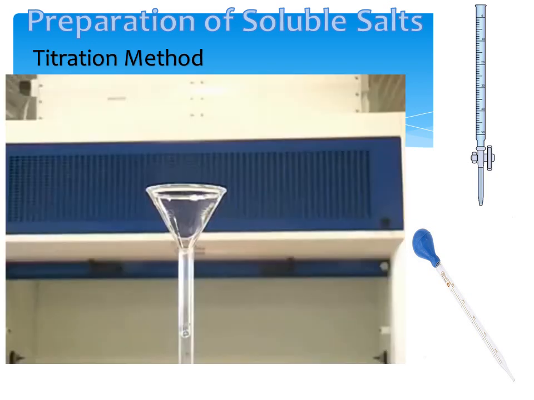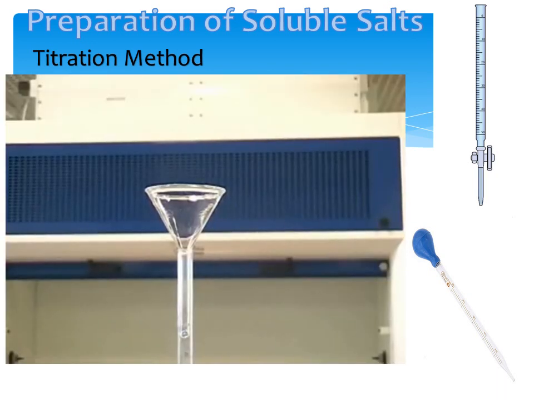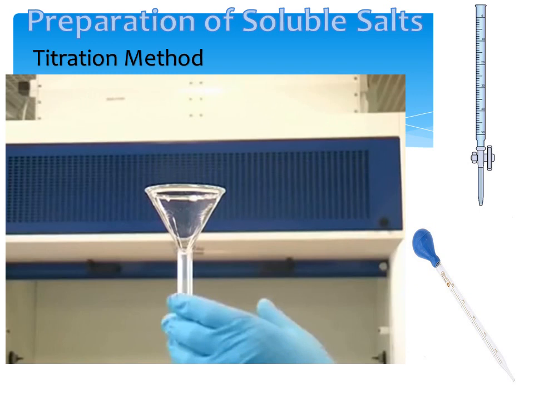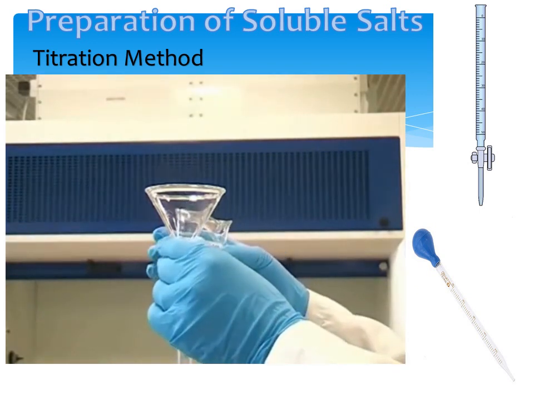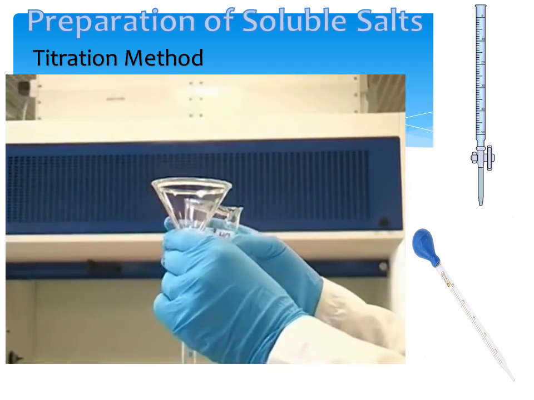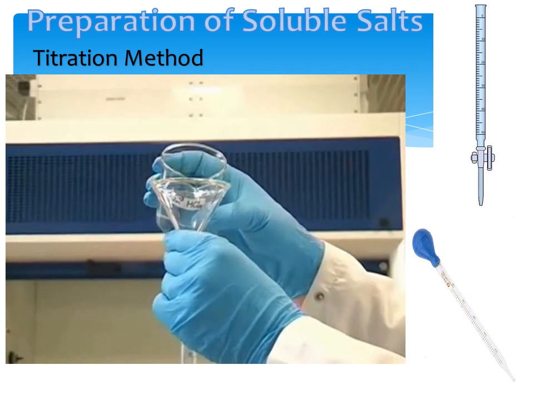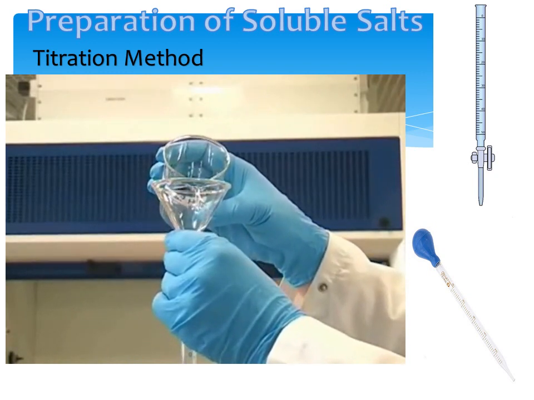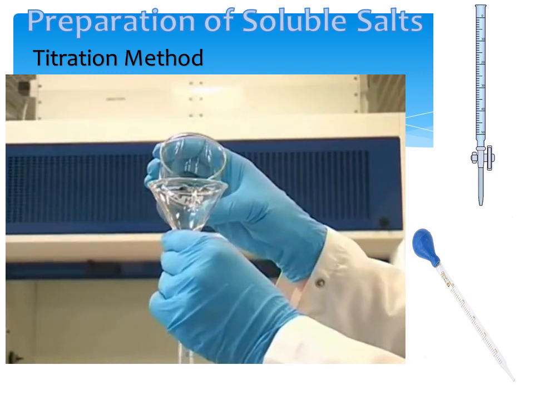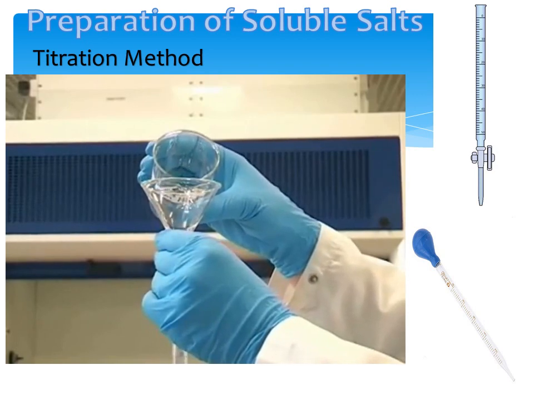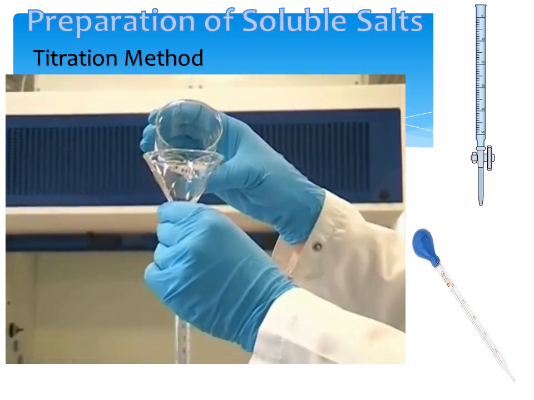This is a funnel which is placed over the burette, and it is used to increase the surface area while adding the HCl. Finally and slowly, you have to fill the whole burette till the 0 mark with HCl.